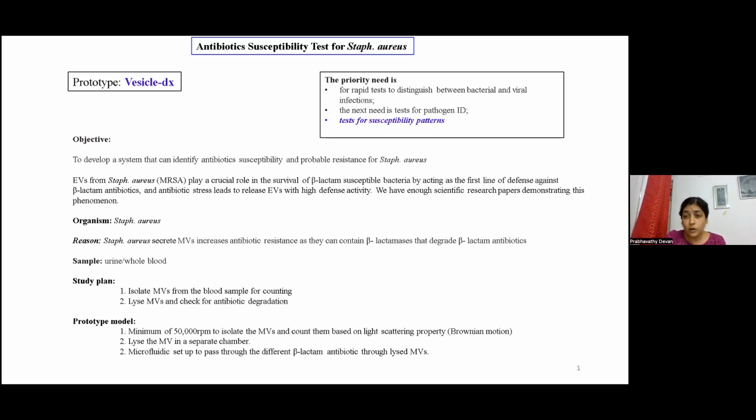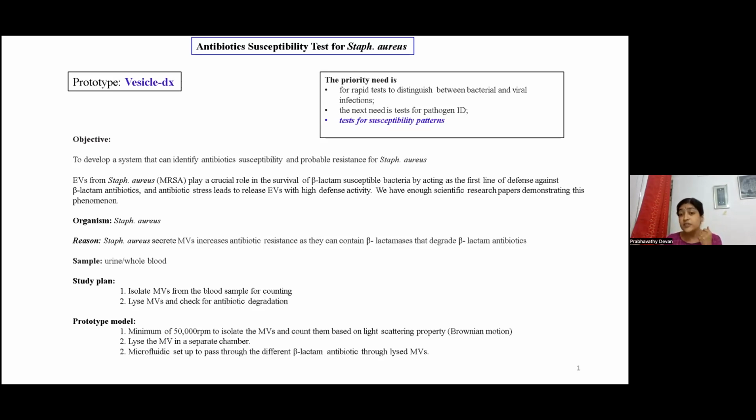These membrane vesicles not only act as decoys, but also help in horizontal transfer of mutant genes or genes that are important in antibiotic susceptibility. In addition, they carry protein factors and other factors that degrade or sequester antibiotics.